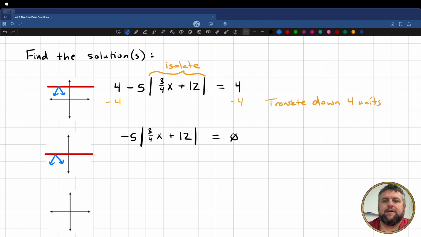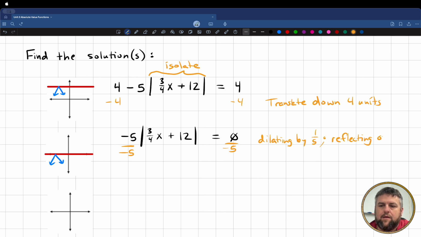The next step is to then divide. So what we're doing is we are dilating by 1/5, and we are reflecting over the x. So that's the negative 1/5 part.